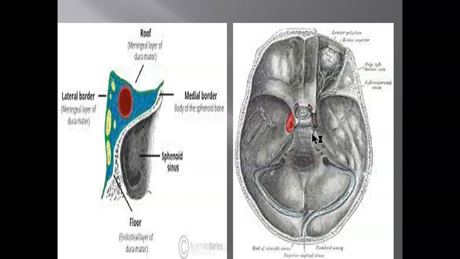And here we can see the cavernous sinus, as already talked about, is lateral to the dorsum sellae in this structure, and includes the internal carotid artery. So this internal carotid artery is coming from below, and it enters. It gives a vertical part. Then in this picture we can see we have the horizontal part, and again we will have a vertical part. So this is all the cavernous segment of the internal carotid artery.